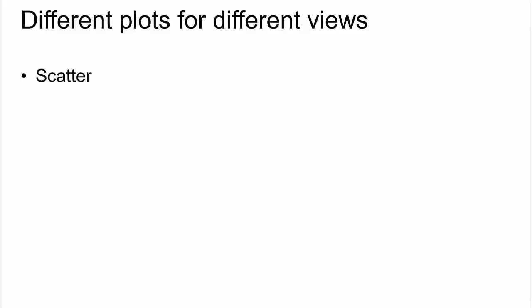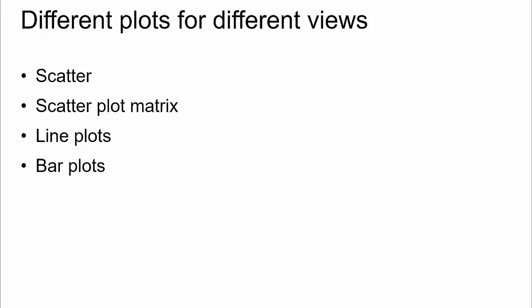And so what are some different plot types we might use? Scatter plots, we've already looked at those. They're pretty basic. A scatter plot matrix, which I'll talk about, is another way to employ scatter plots. Line plots, which are sort of a direct relative of scatter plots for some cases.